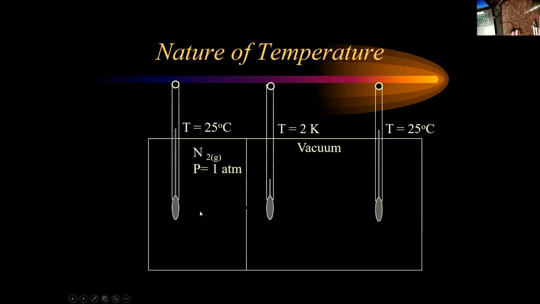If you have a thermometer in a chamber that's at 25 degrees and 1 atmosphere pressure, maybe nitrogen gas, and you have a little tiny hole between the high pressure side and the vacuum, then obviously the gas is going to flow through the hole. Right up close to the hole, we've measured temperatures as low as 2 degrees Kelvin. And when you measure far away from the hole, it's back to 25 like it was here.